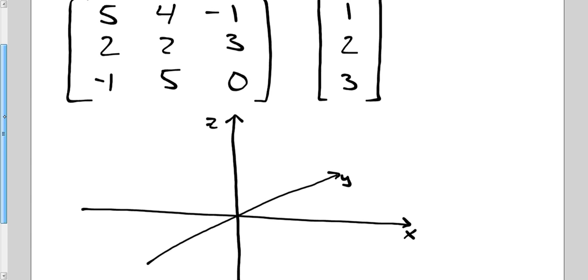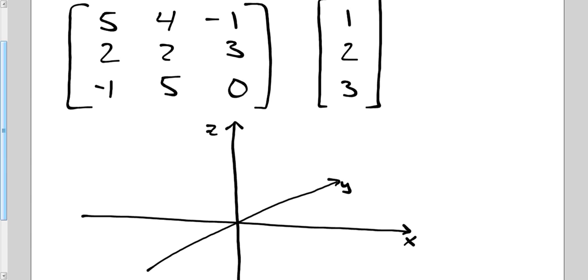So I go 1 over in the x direction, 2 over in the y direction, and up 3 in the z direction. So my vector is going to go from the origin to that point, which is 1, 2, 3. This in red right here, that red dot is the point 1, 2, 3.